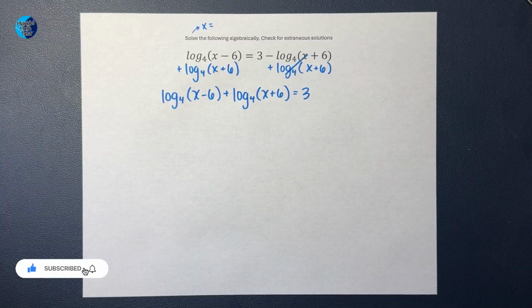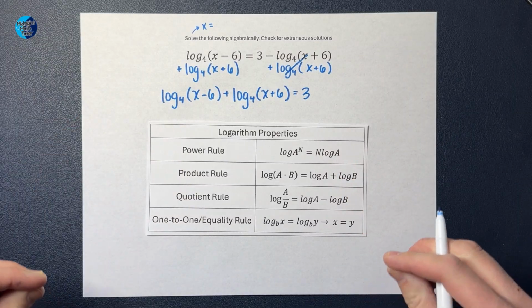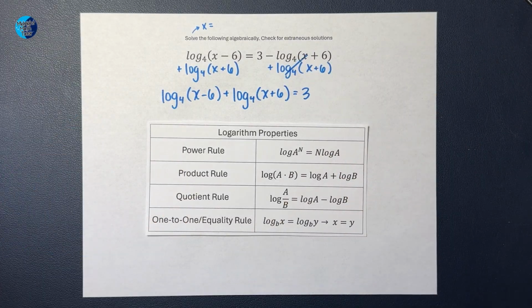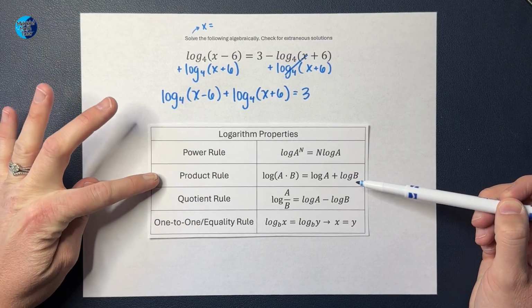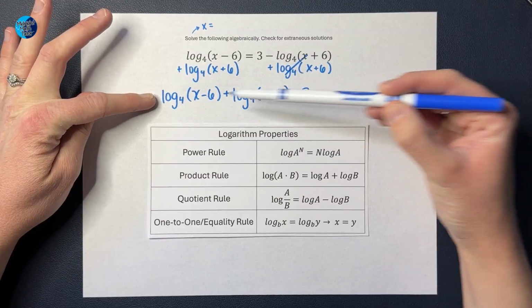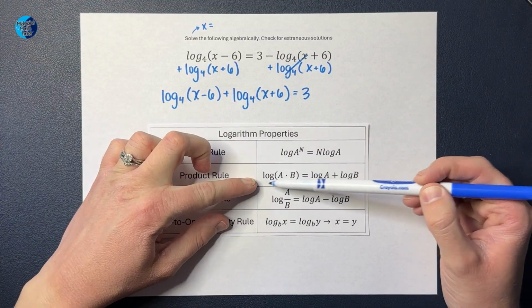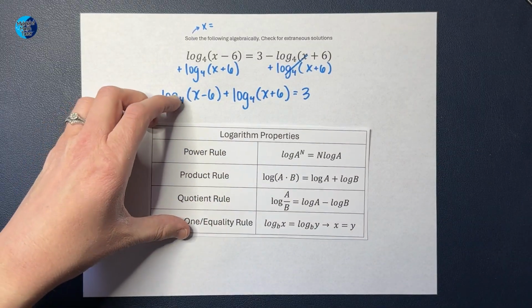All right, now I'm going to think back to some of my logarithm properties. Here are a bunch of them. I'm not going to go into super detail on these. If you need a more detailed explanation, I'll link a video in the corner. But I notice here that I can use my product rule. I have two logs with the same base being added together. So I can write it as one log with the things inside the parentheses being multiplied.